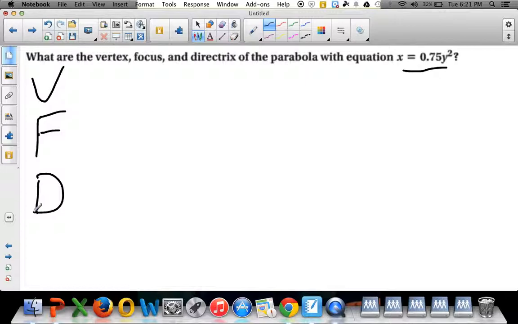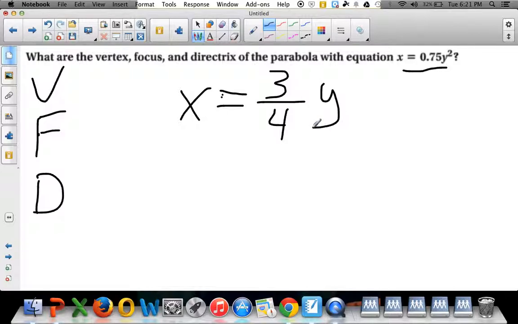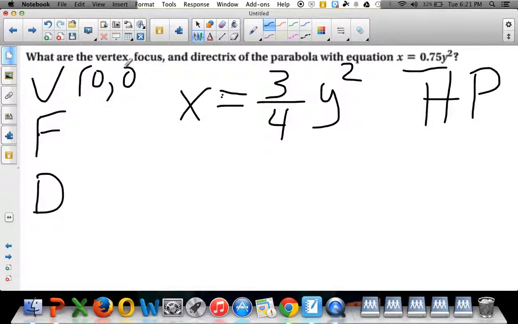So I'm going to have x equals 3/4 y squared. By looking at my chart, I can tell that this is a horizontal parabola with vertex 0, 0 by looking at how my equation looks.